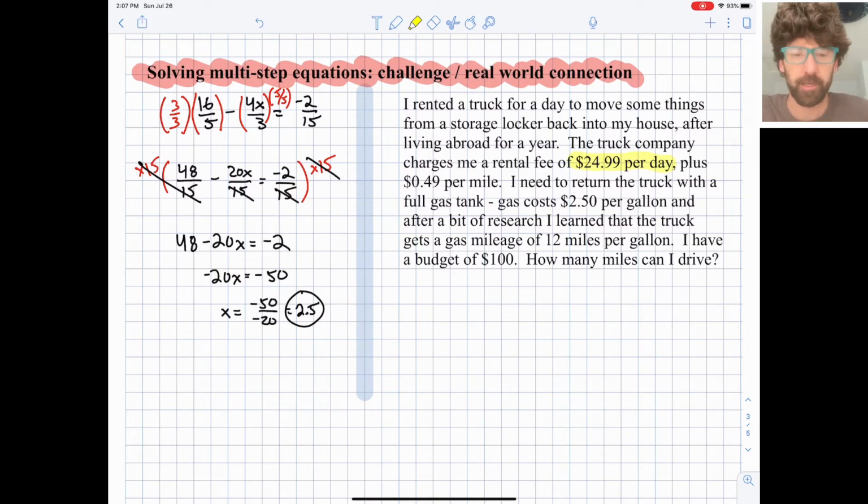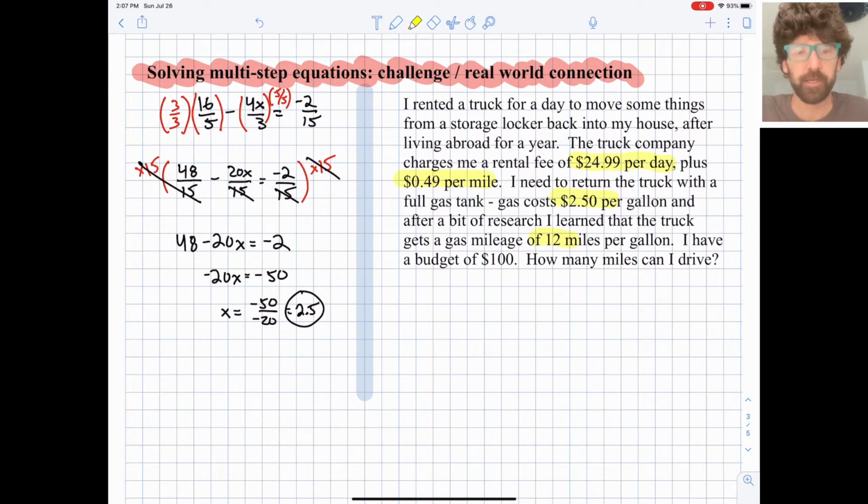However, they're also charging me 49 cents a mile, and I need to return the truck with a full gas tank. Gas these days is about $2.50 per gallon, and I learned that the truck gets a mileage of about 12 miles per gallon. And I have a budget of $100. How many miles can I drive?